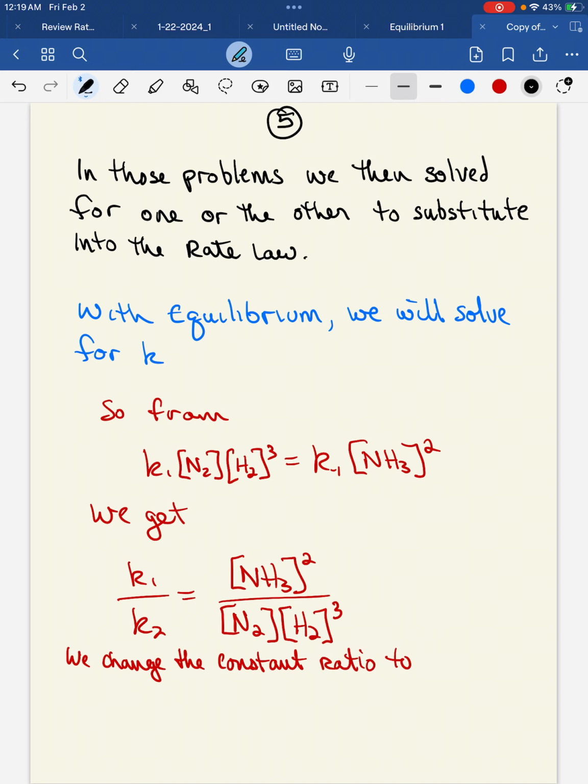So we'll combine the k's together, we'll combine the other things on the other side, and so we end up just from algebra with k1 over k minus 1. And in equilibrium, we change that k1 over k minus 1, lowercase, to a big capital K.